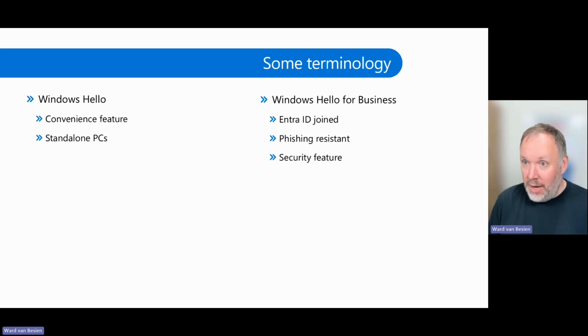And you sign in. When you log in, you're actually having an online login to the Entra ID infrastructure, and you get single sign-on to all your applications as well. So this is very strong from a security point of view. It's a lovely user experience, and it is a very strong security feature as well.